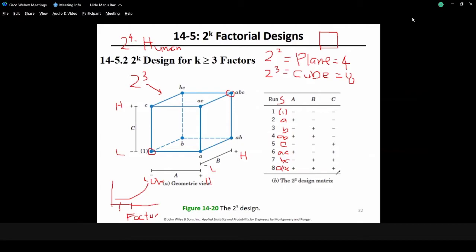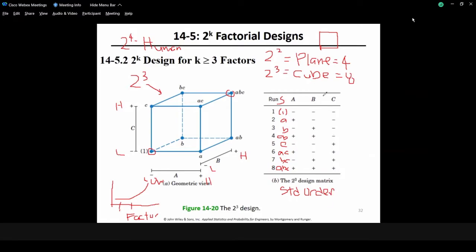Okay, I hope by now you see this is called the standard 2^3. They call it standard order design.